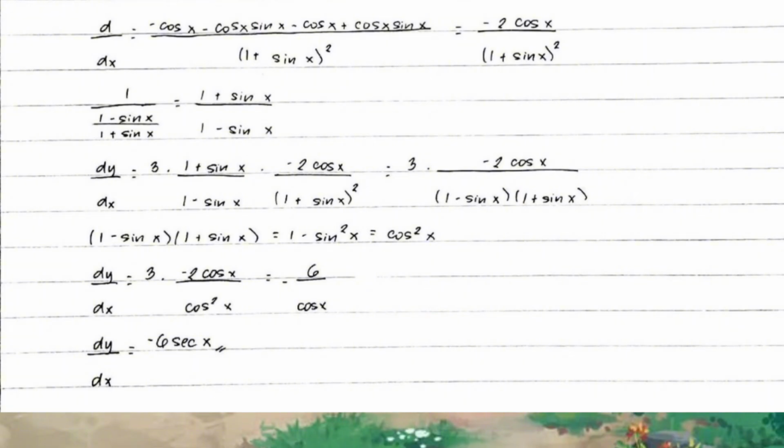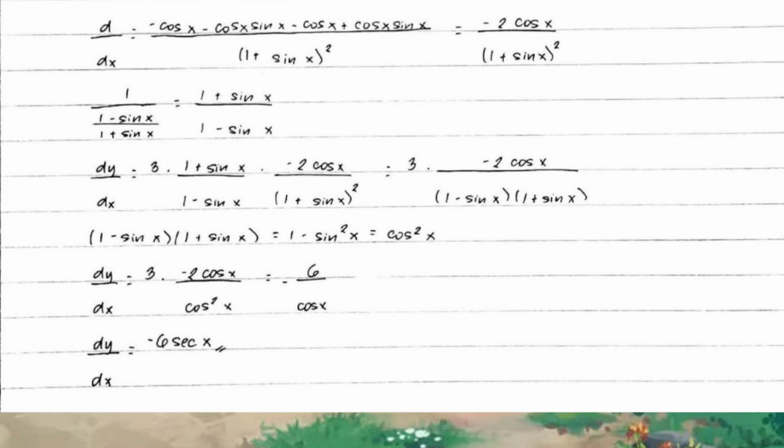plus sin x. And then, pwede na natin dito masimplify yung denominator. Kaya magiging 1 minus sin squared x siya, which is equal to cos squared x din. Kaya yung derivative natin ay magiging 3 times negative 2 cosine x over cos squared x.